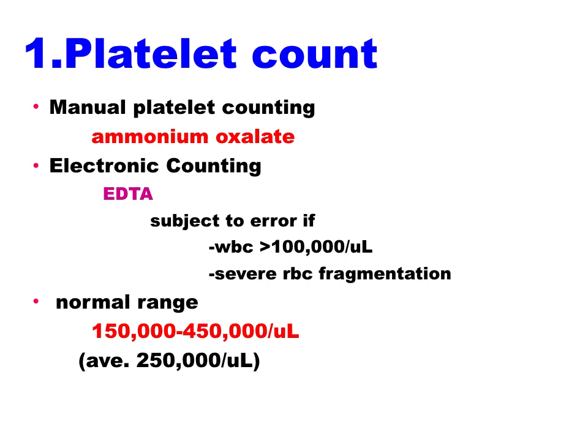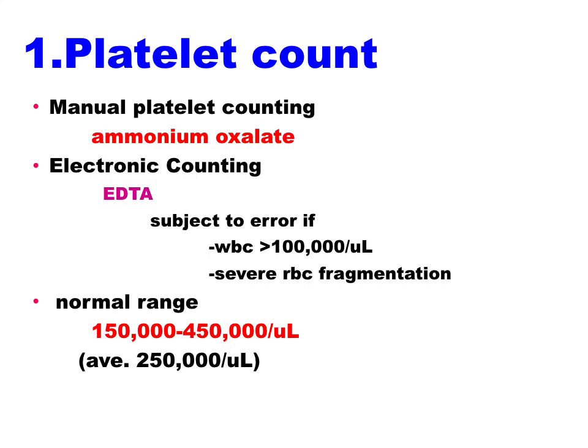Using machines or a hematology analyzer, you can make use of electronic counting, and the preferred test tube here is the one with an anticoagulant of EDTA. Or if you're doing manual platelet counting, you can make use of an anticoagulant in the form of ammonium oxalate.